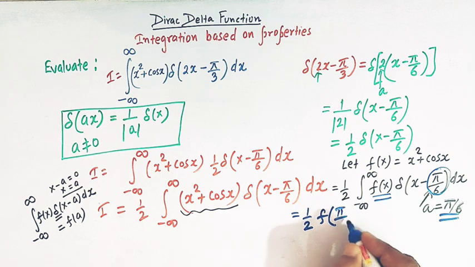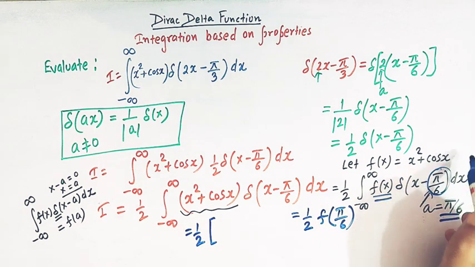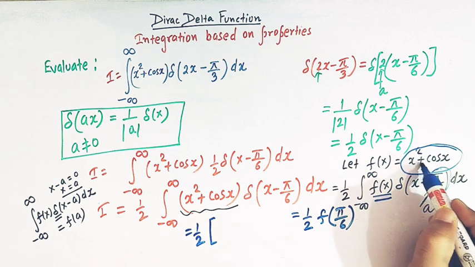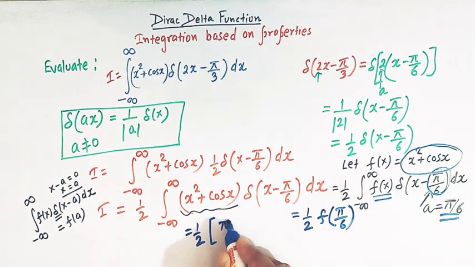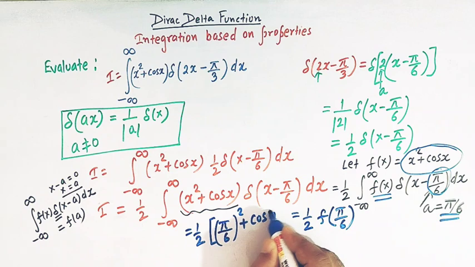So we have half times f of pi by 6. Now f of pi by 6 can be obtained from the expression x squared plus cos x, so we have (pi by 6) squared plus cos of pi by 6.